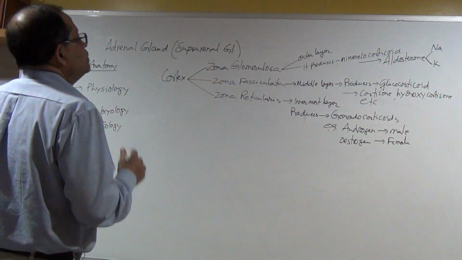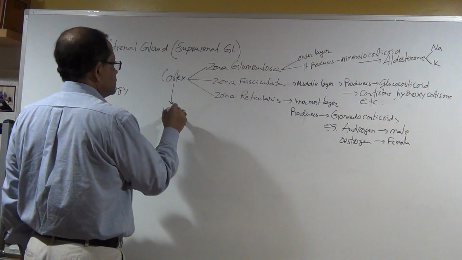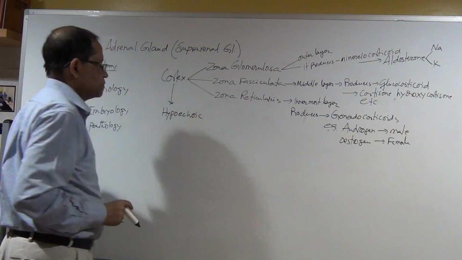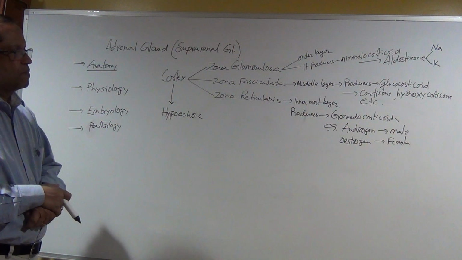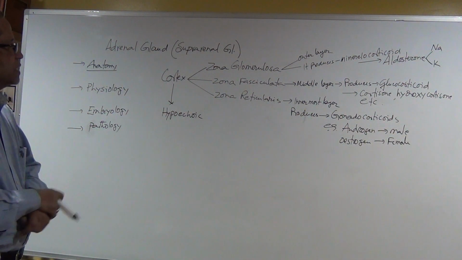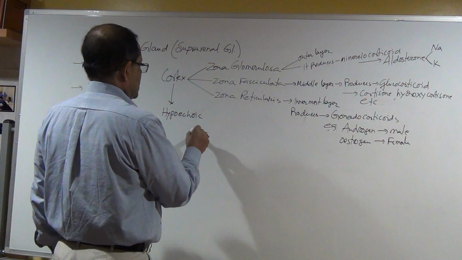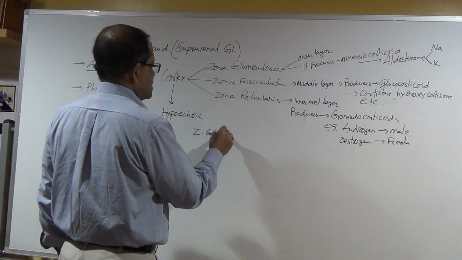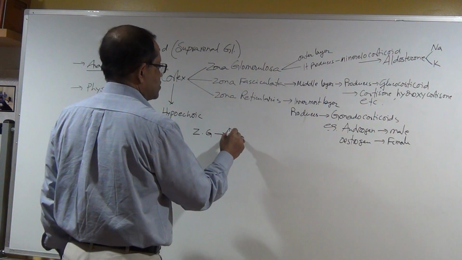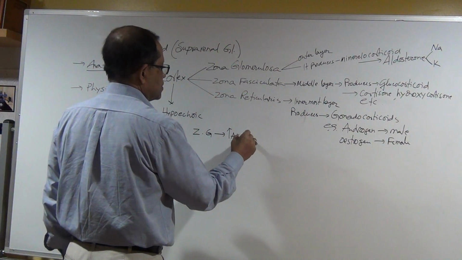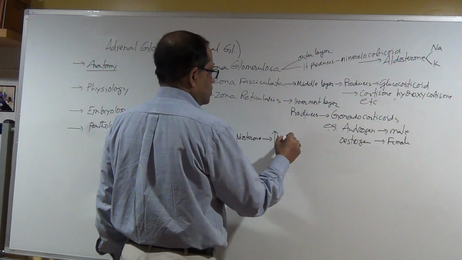Okay. So now, this cortex is hypoechoic. Cortex is hypoechoic. Now, zona glomerulosa, okay, when the aldosterone is increased, sodium is increased.